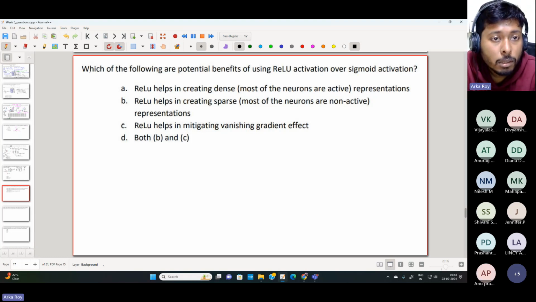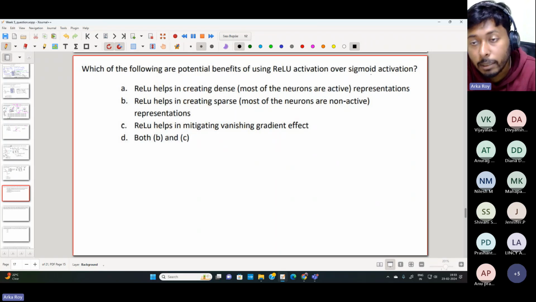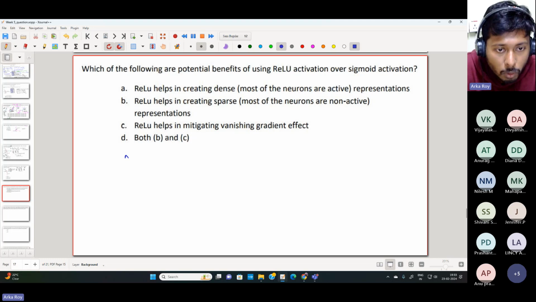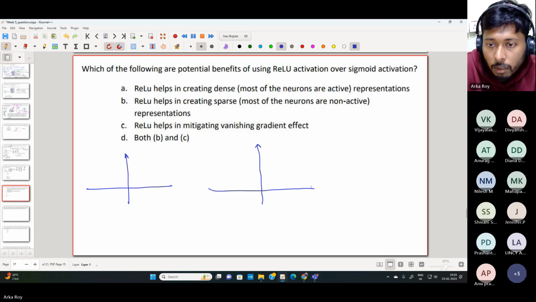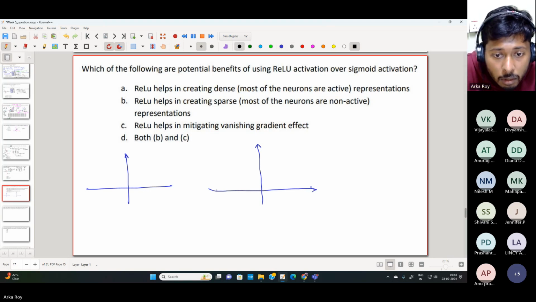Yeah. So the next question states: which of the following options are the potential benefits of using ReLU activation over sigmoid activation? Before going to the solution, let me just draw the activation functions, and it will be helpful to illustrate the question. So this is ReLU.